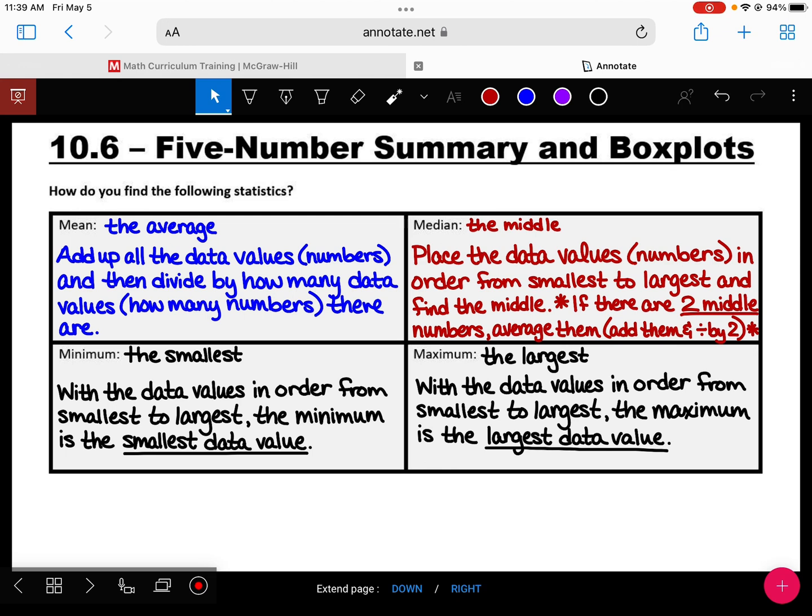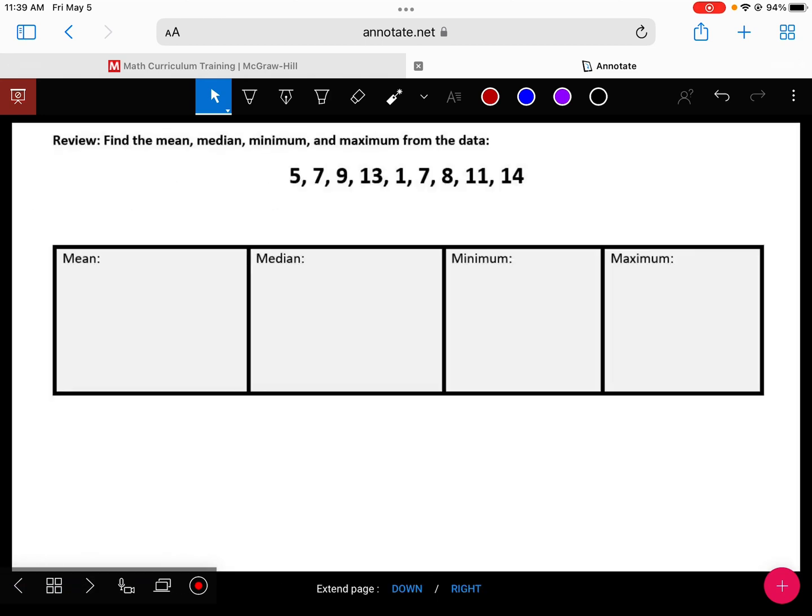Something got put in wrong. Is that right? Yes. That's not correct.